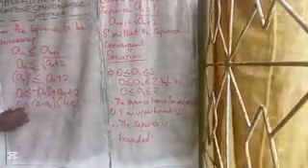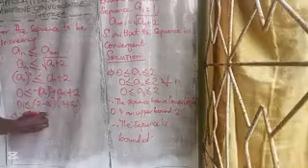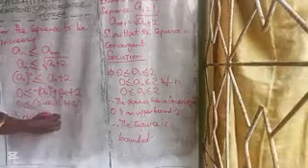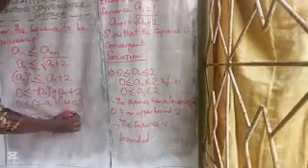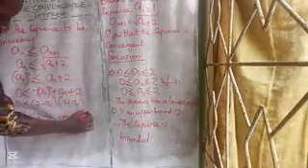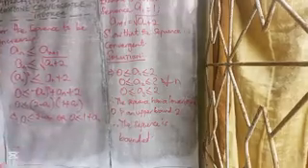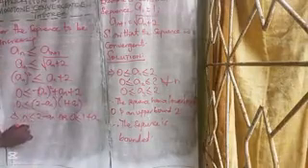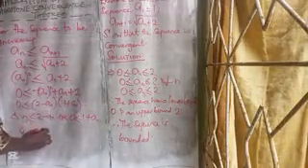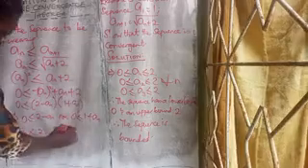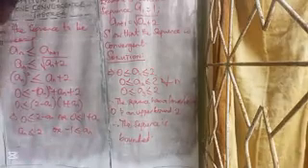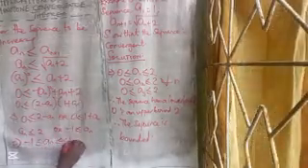And that implies what? 0 is less than or equal to 2 minus a sub n, and 0 is less than or equal to 1 plus a sub n. This implies that a sub n is less than or equal to 2, and minus 1 is less than or equal to a sub n. And so this implies minus 1 less than or equal to a sub n less than or equal to 2.